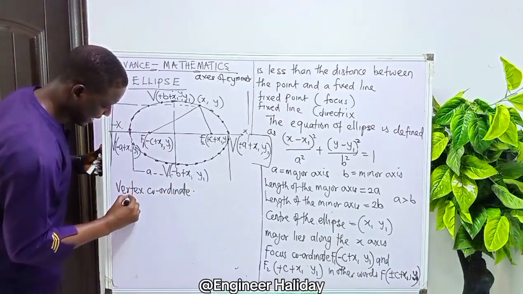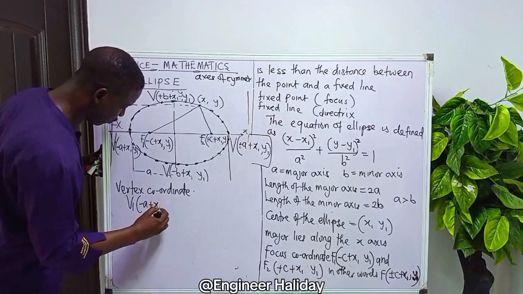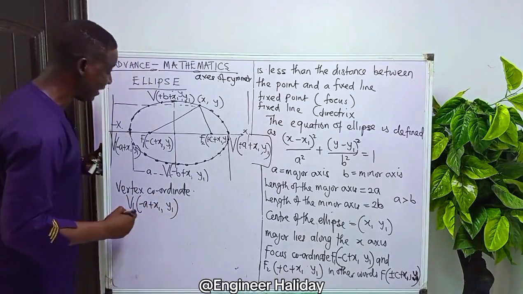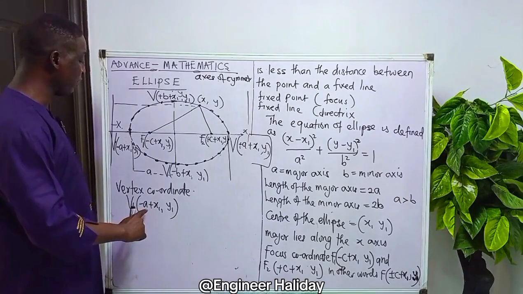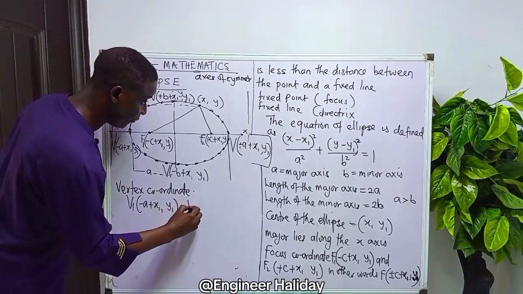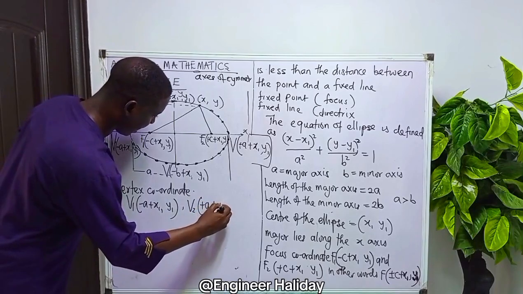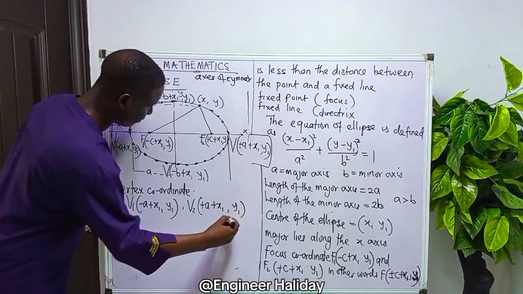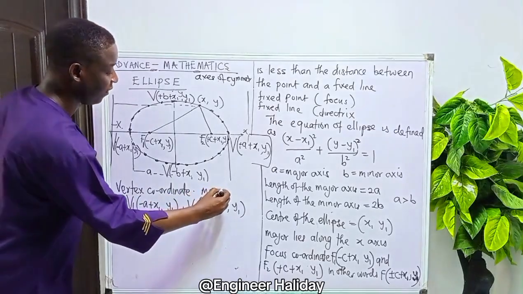Now the major vertex, let's say v1, is equal to minus a plus x1, y1, because it lies on the x-axis. You see that we are adding our a to the x. Then v2 becomes plus a plus x1 comma y1. So this one we call the major vertex.